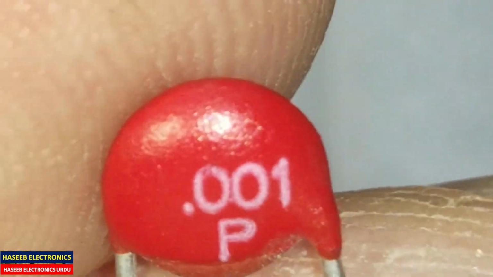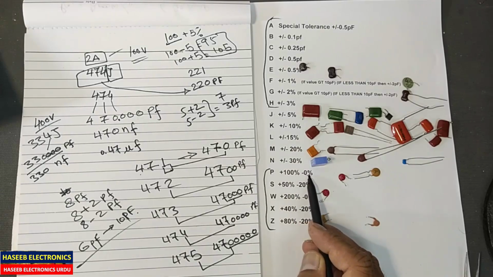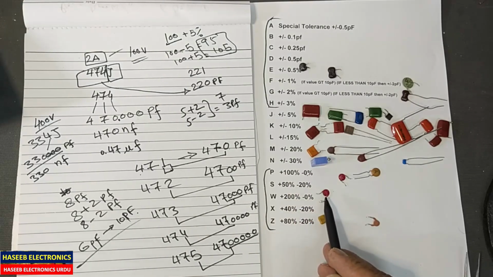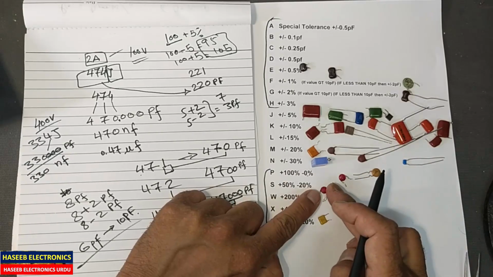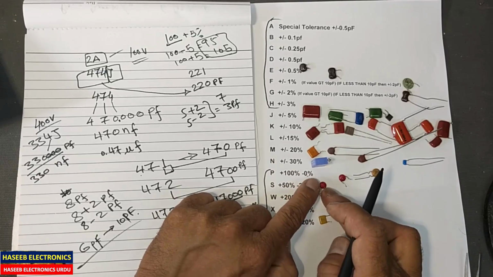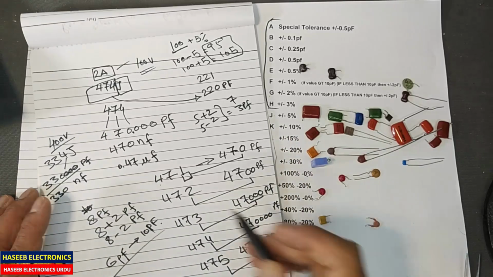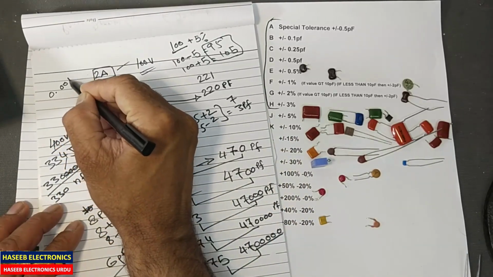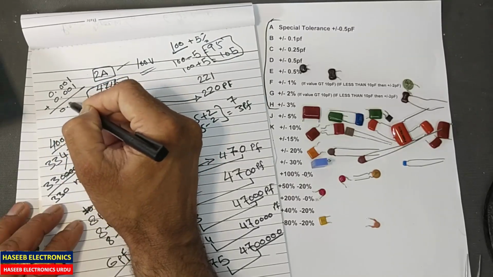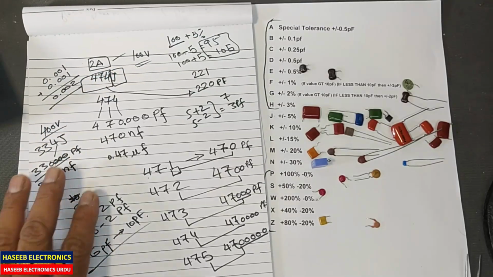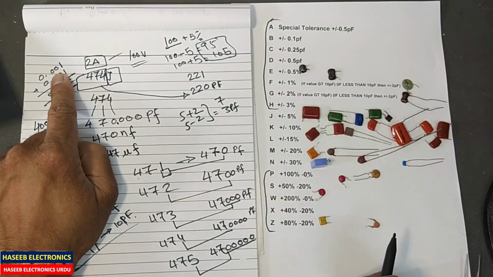It is 0.01 P. So if the letter is P, that means plus 100% minus 0%. Its capacitance will not decrease, but it can increase up to 100%. If it is 0.001, its capacitance can reach 0.002, but its capacitance will not decrease below this range.